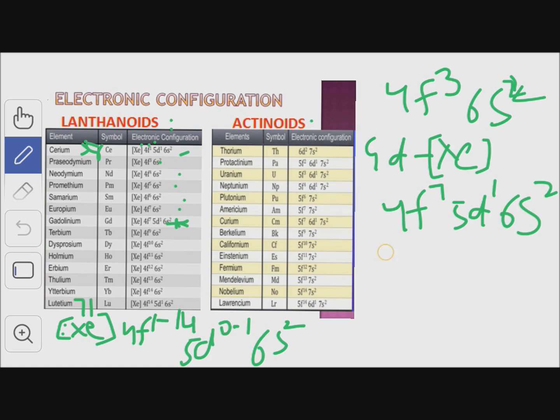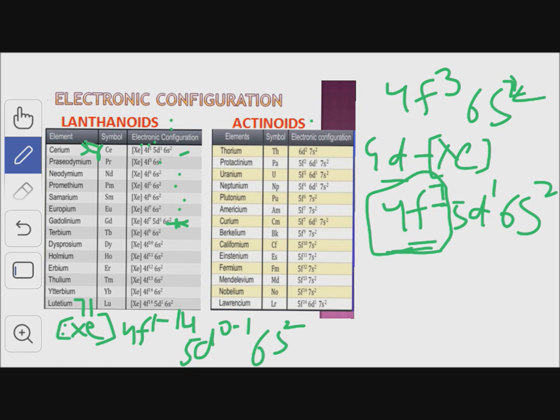Here in the f orbital there are 7 electrons, which is an exactly half filled f orbital, and these are stable. It means gadolinium has an exactly half filled configuration, which is a stable configuration.